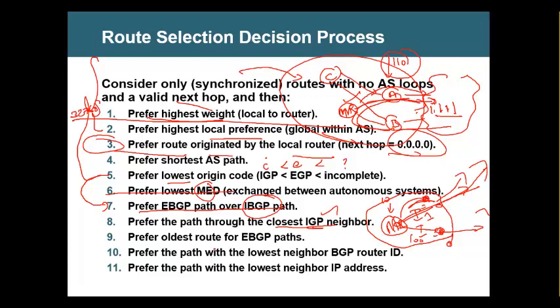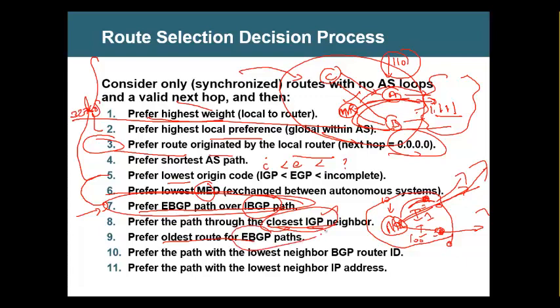If both are EBGP, then prefer the oldest route for the EBGP path. If both are not IBGP, what does that mean? Both are EBGP. If one is EBGP, EBGP is preferred. If this is a tie, both should be IBGP or both should be EBGP. If it is IBGP, look into the IGP cost.